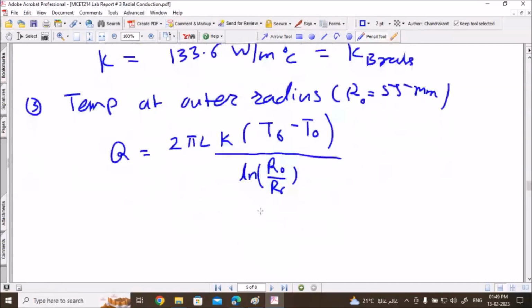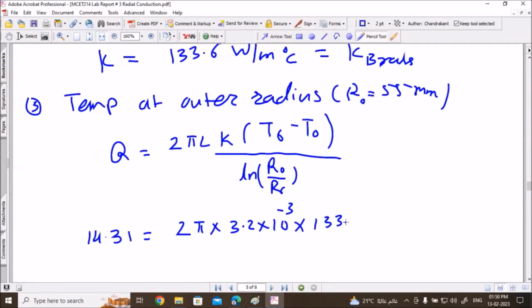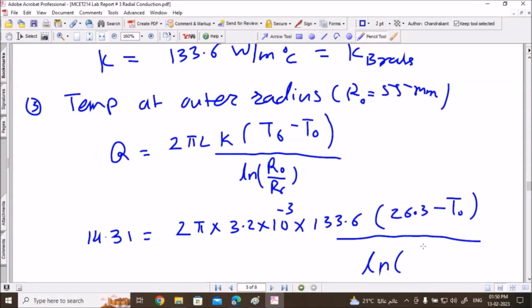Q is equal to again 14.31 is equal to 2 pi L, L is 3.2 into 10 to the power minus 3, K is 133.6 in bracket, T6 is 26.3 minus T outer, divided by ln 55 divided by 50.